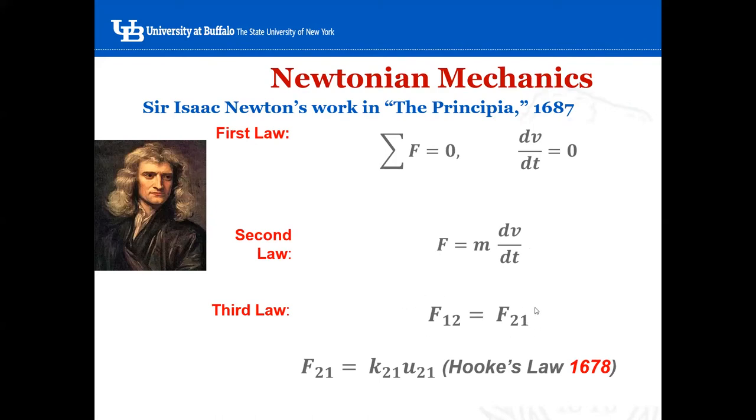Actually, this law was written by Hooke 10 years before Newton. Newton published his work in 1687, but Hooke came up with this law 10 years before him, in 1678, or 9 years before him. And then these are the equations that we use to solve any system.